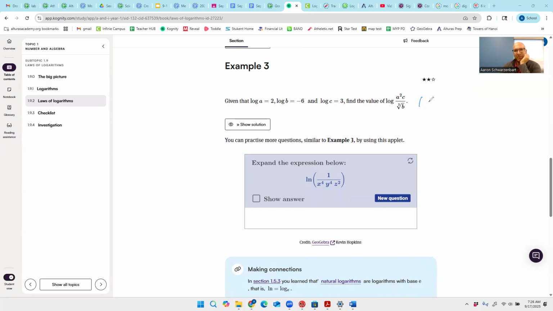So the top being multiplication means it's addition, and the bottom is subtraction with the division. I can do that all in one step. That is perfectly fine.